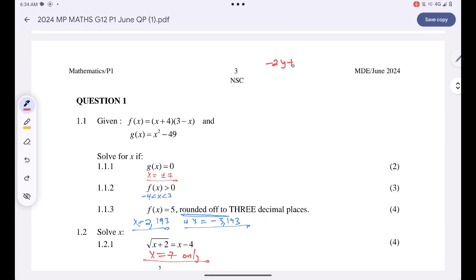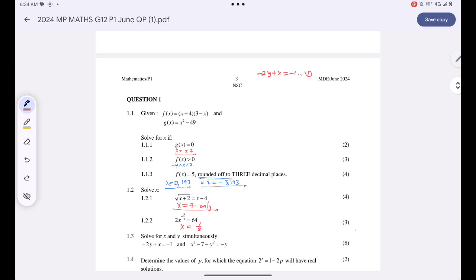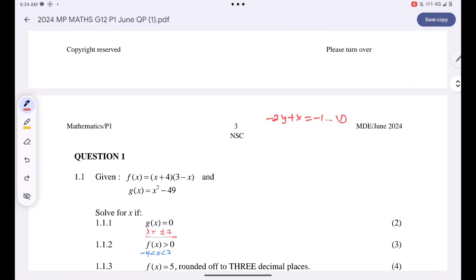That's my first equation. Equation number 2, I have x squared minus 7 minus y squared is equal to negative y. That's equation 2.